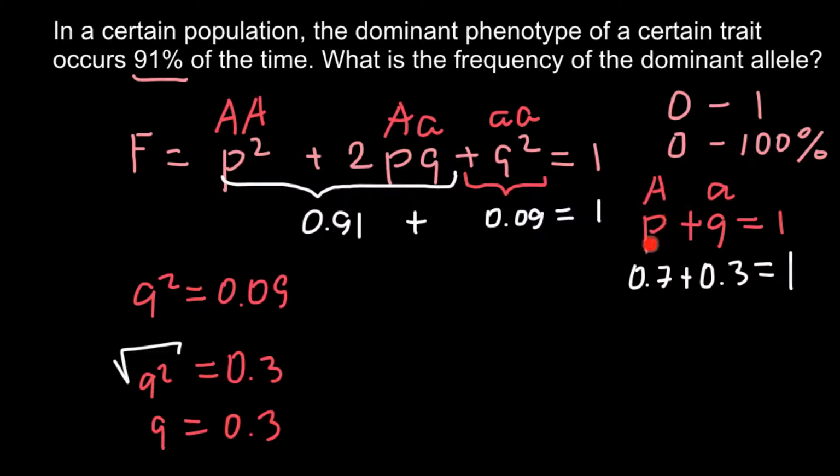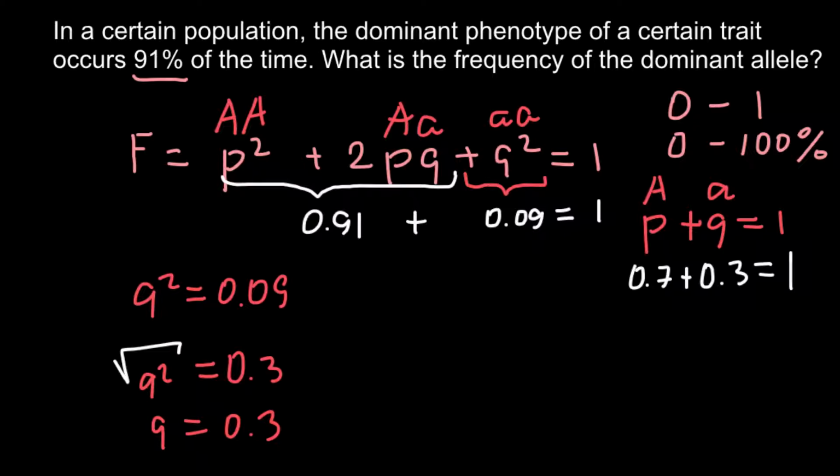In our formula, p stands for the dominant allele A, so p squared is p multiplied by p. And this part of the formula stands for the heterozygous genotype, which in simple Mendelian genetics makes the same phenotype as homozygous dominant. And this is going to be the recessive genotype and phenotype.